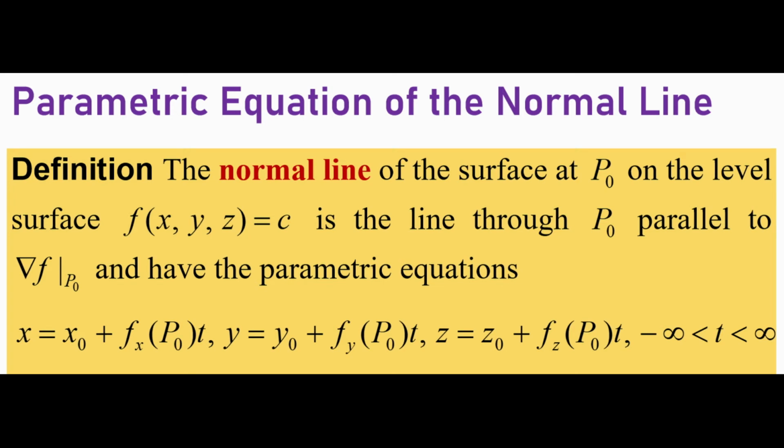The normal line of the surface at the point P naught on the level surface f of x, y, z equal to c is the line through P naught and parallel to the vector grad f evaluated at the point P naught, and it has the parametric equation x is equal to x naught plus f_x of P naught times t, y is equal to y naught plus f_y of P naught times t, z is equal to z naught plus f_z of P naught times t, where the parameter t varies over the entire real line.